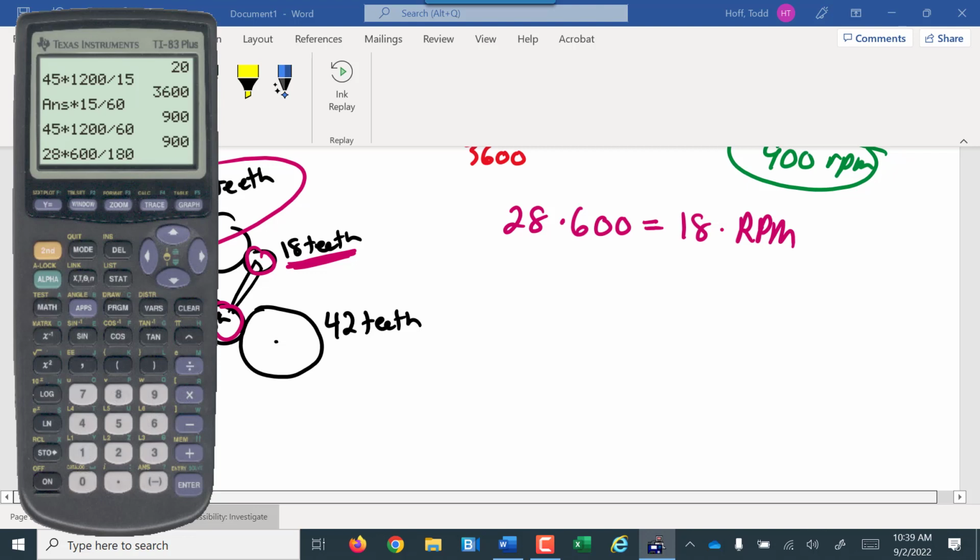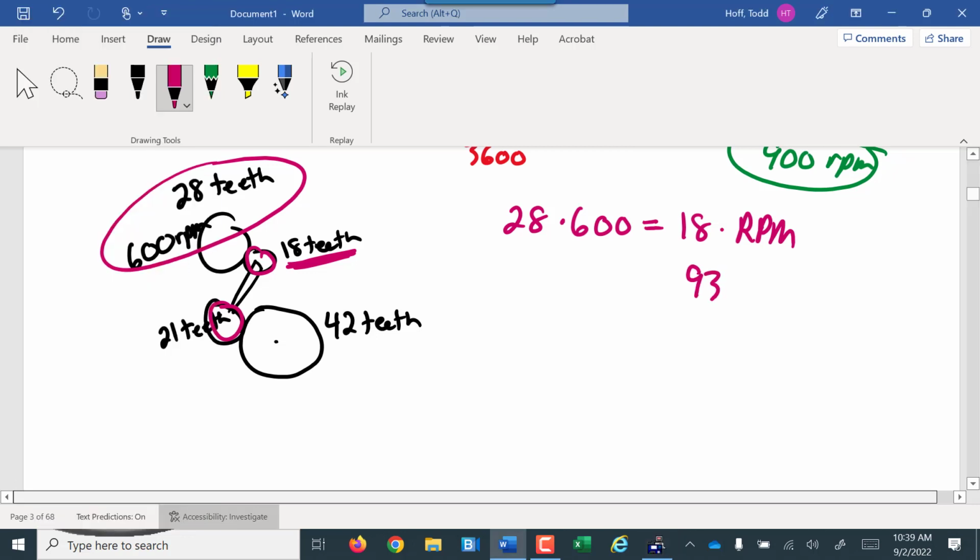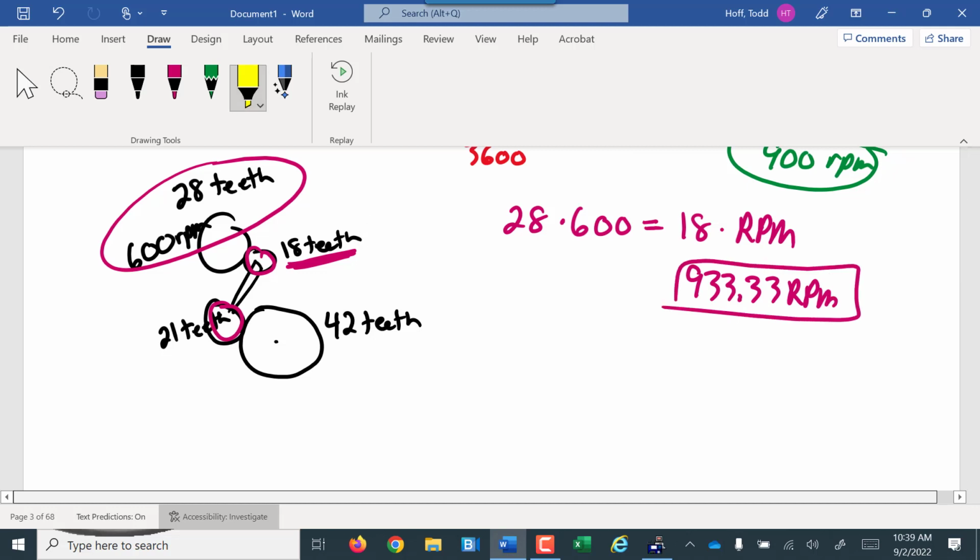So 28 times 600 divided by 18 gives us 933.33 RPM. And that tells us that the 21 tooth gear, because the 18 tooth and the 21 tooth are connected on a shaft, they have to be turning the same RPM. So that one is also 933.33 RPM.